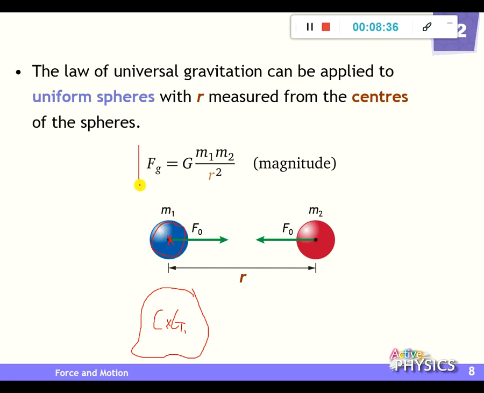Then it means that this formula can be true for this case. Not only two point charges, we can say that these two balls can have the same amount of force acting between them. And also, the separation between them should be measured as the separation between their centers.